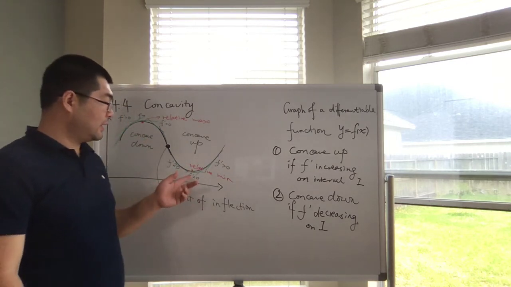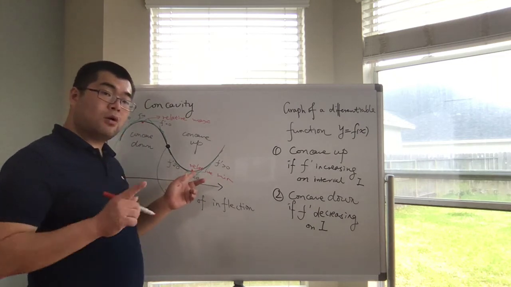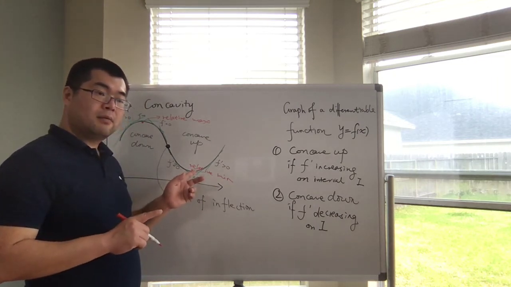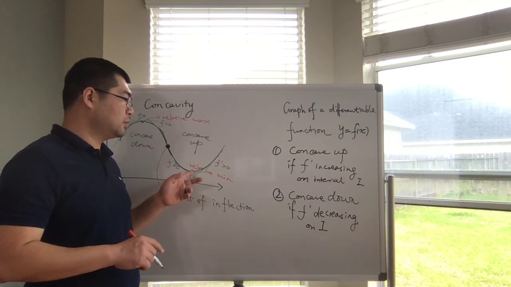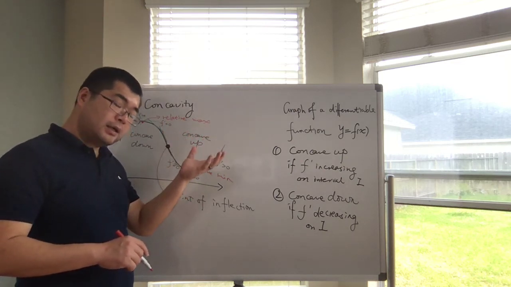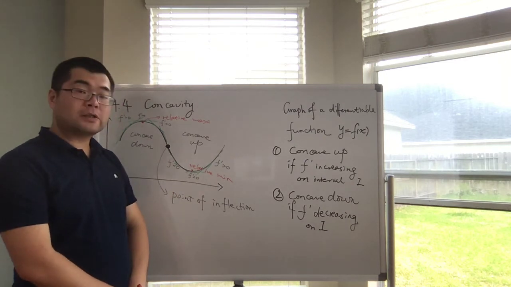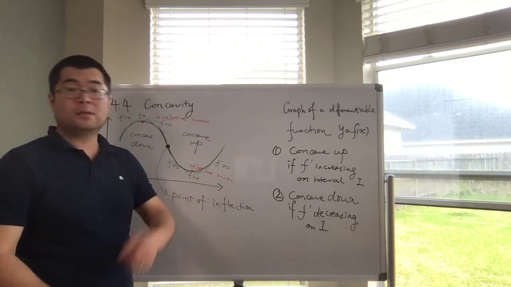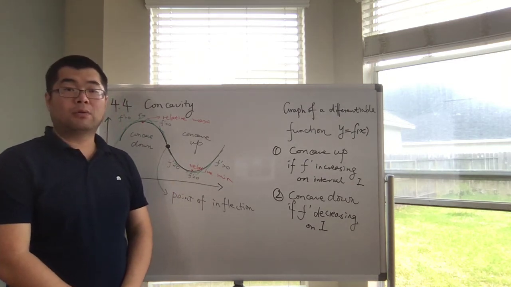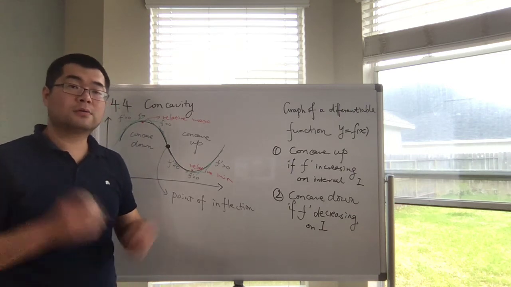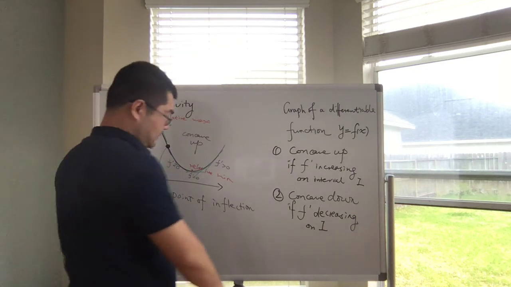Okay. Similarly, if you have a critical point that lies in the interval where the graph of the function is concave up, then you're going to have a local minimum. Okay, so put all the pieces together.